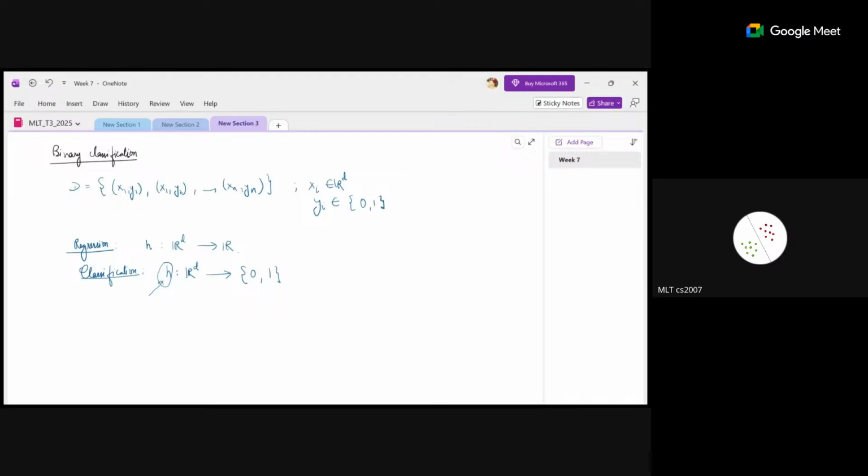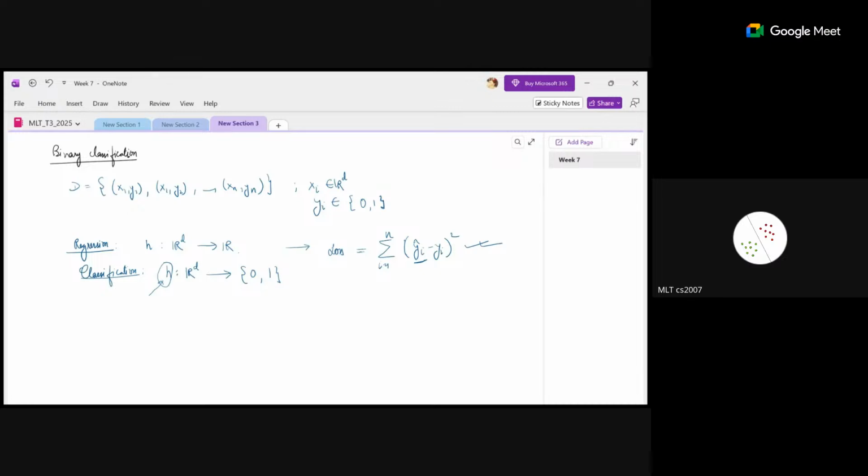Now again, when we go back to regression, what does the loss look like? There the loss looks like the sum over (y_i hat minus y_i) whole squared, with i varying from 1 to n, where y_i hat is the predicted value from my model. This is the loss we were looking at in case of regression, and we wanted to minimize it.